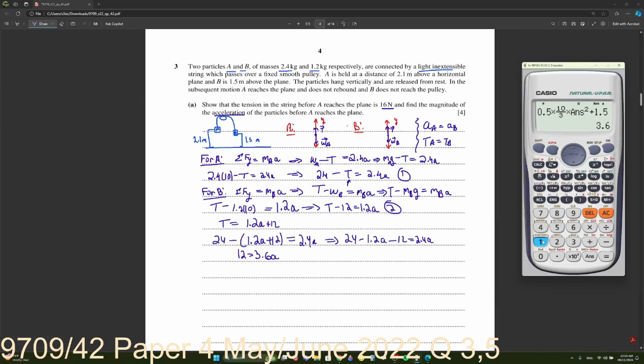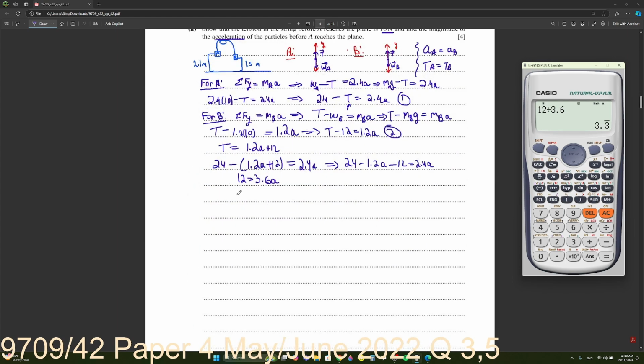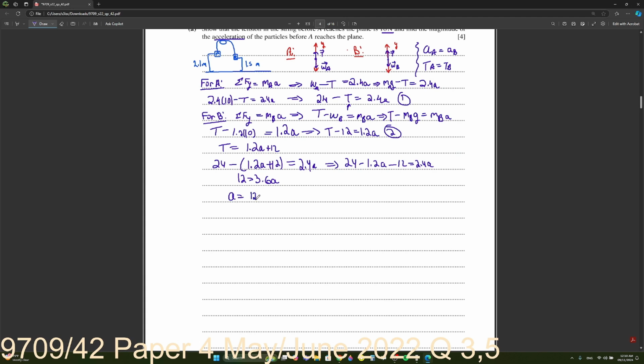So 12 divided by 3.6, let me just make sure, is 10 over 3, which is 3.333. They tell us to keep it to 3 significant figures. So a is equal to 12 over 3.6, which is 3.33 meters per second squared.